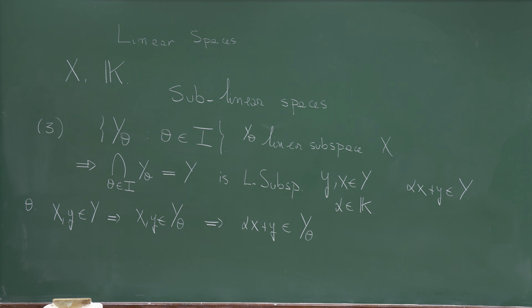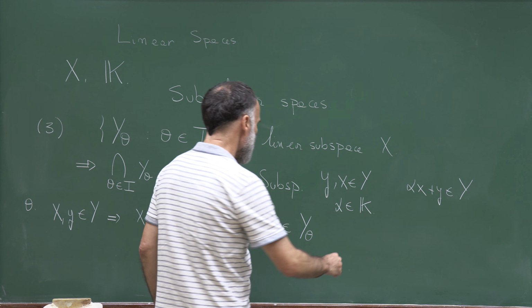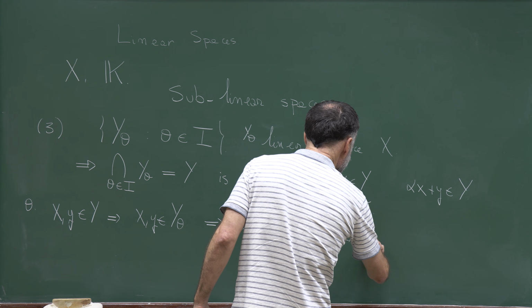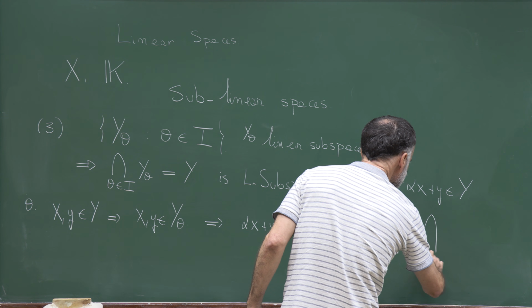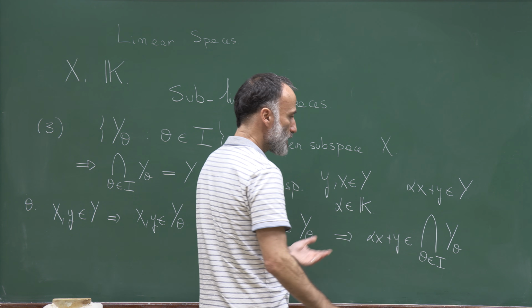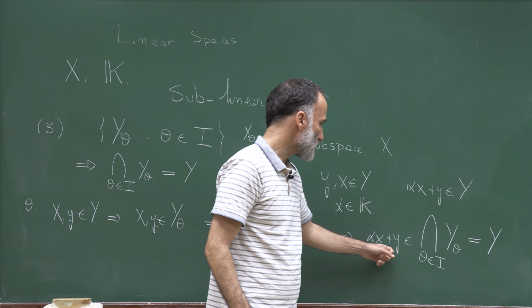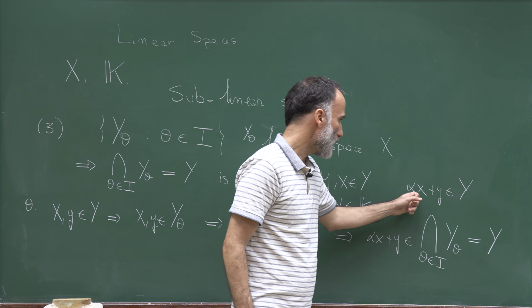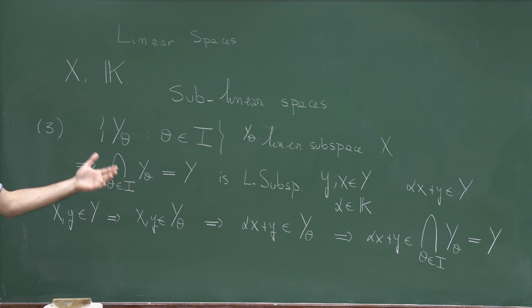And since this holds for all theta, I can conclude that alpha x plus y belongs to the intersection over theta in I of Y theta. And this is exactly Y. So we proved that alpha x plus y belongs to Y as we wanted. So this proves that any intersection of linear subspaces is a linear subspace.